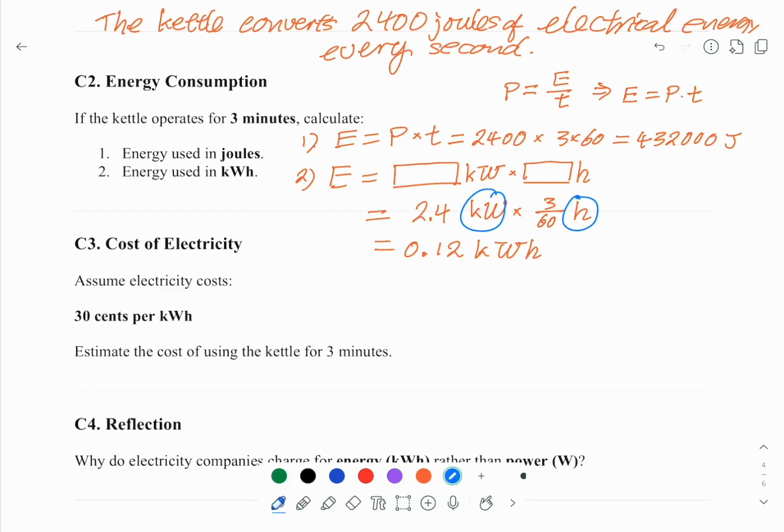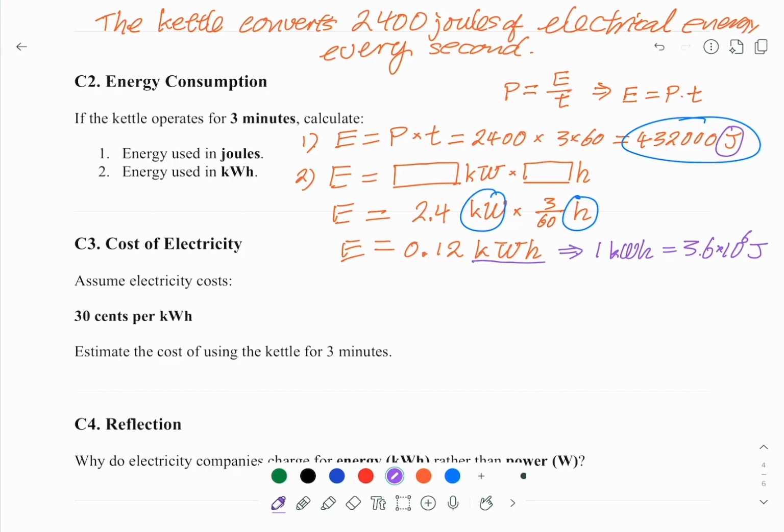Now these two numbers must be the same because it just expresses the energy used in a different unit. First is expressed in joule, and the second is kilowatt hour. Remember previously we discussed 1 kilowatt hour is equal to 3.6 times 10 to the power 6 joule.